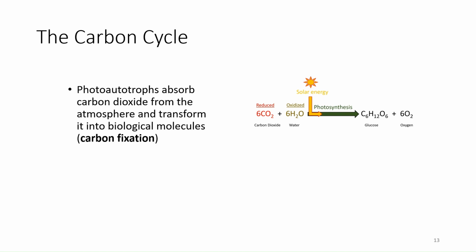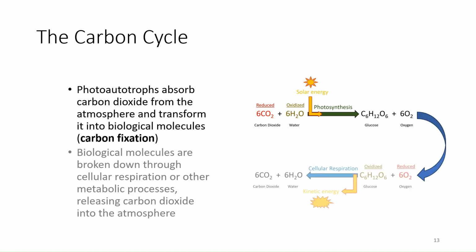We often show this biological molecule as glucose for simplicity's sake. These biological molecules can then be broken down in order to produce energy. This is usually through the process of cellular respiration, and it releases carbon dioxide into the atmosphere.